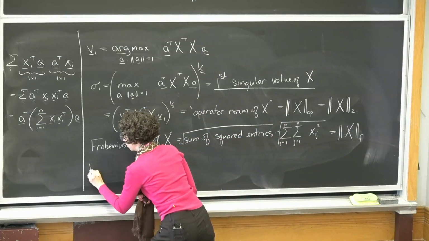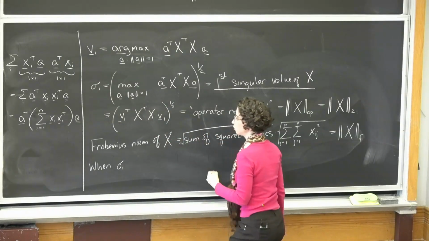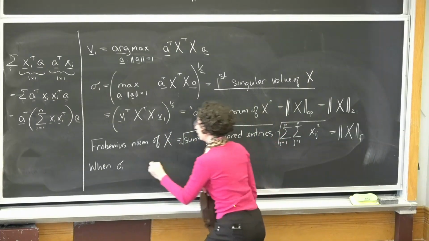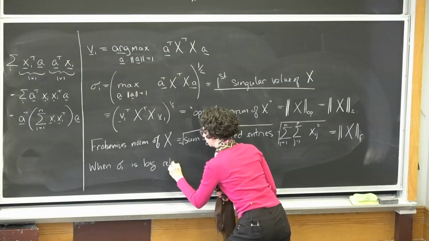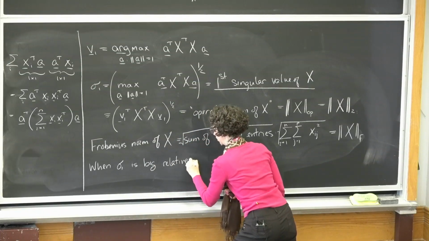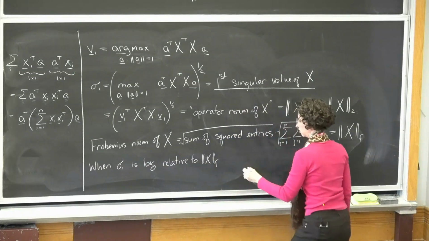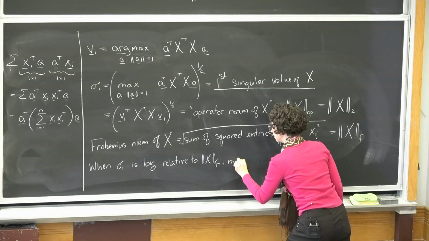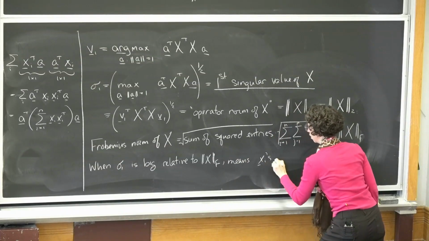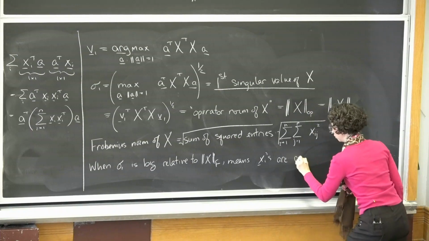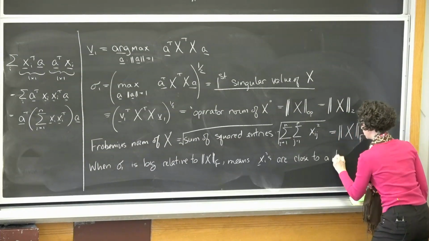So, in particular, when this operator norm, or this first singular value, is big relative to the Frobenius norm of a matrix, it means that the x_i's are close to a 1D subspace.